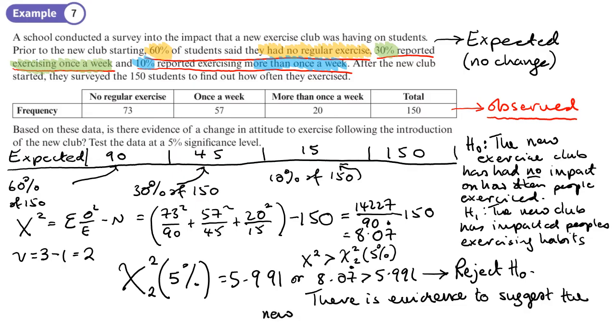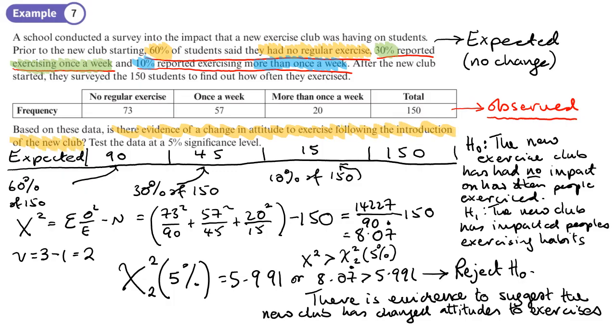You can just use the wording in the question, because they talk about exercising habits. I'd suggest using exactly the same wording as the question, which was about whether there is evidence. So basically you're answering that question: is there evidence? Yes there is, or no there isn't, and use the wording that's been given there. That's the best way to do it.